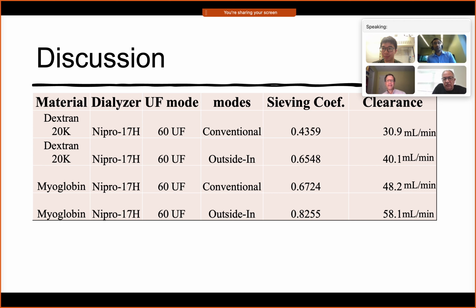But if the diffusive is very small, how can the polarization layer affect the convective? So it has to do with the fact that there is still going to be accumulation because it's easy to get in and it's hard to get out.